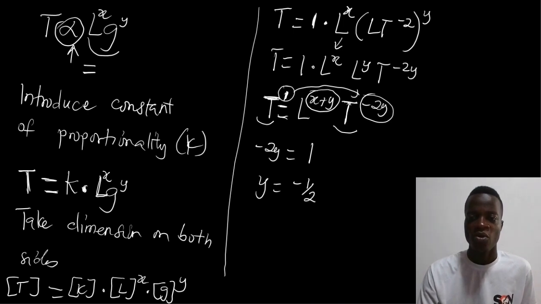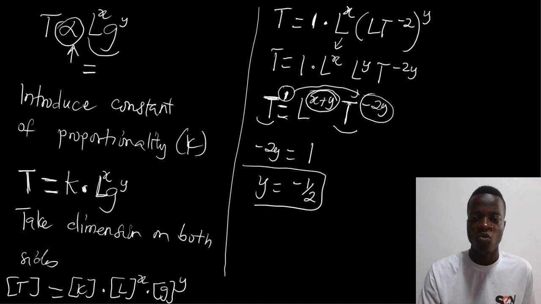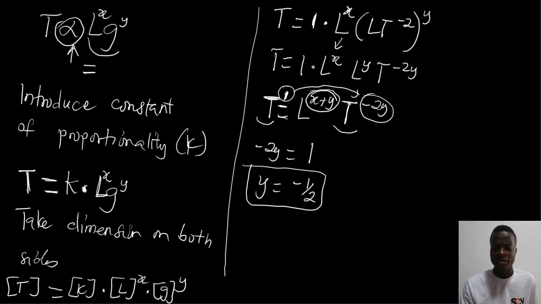Yes. Now, let's look at the L. You see that there's no particular component of L on the other side. So we finally got the value of y, but now we need to find the value of x. How do we sort that out? Let's think.